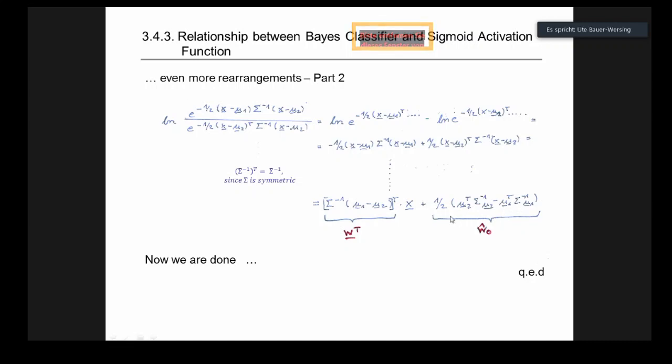Okay, so what we've shown is that solving the same problem, you can solve it with a Bayesian classifier using these parameters for the individual classes, but you can also use a formal neuron using this parameterization. You can estimate the weight vector from the first and second moment of the distribution and also the bias. Okay, so they are basically identical.